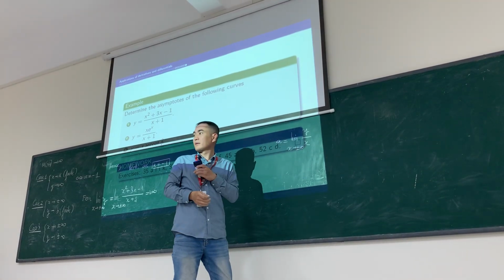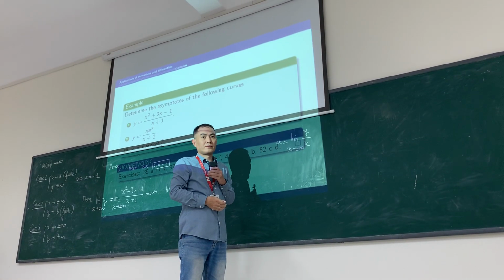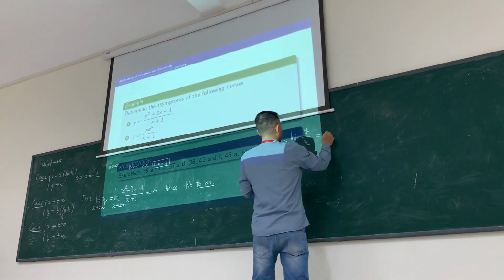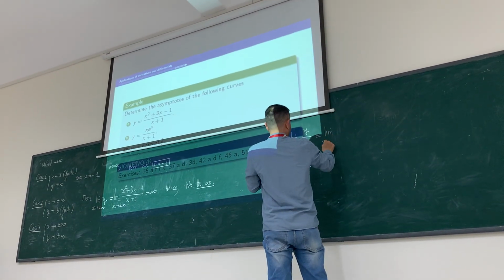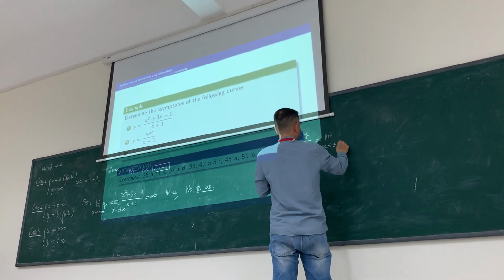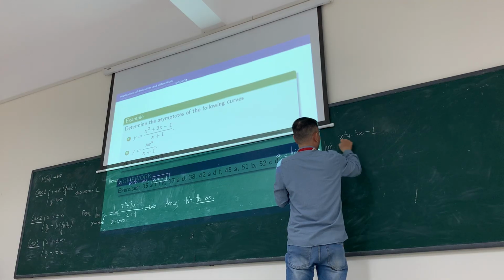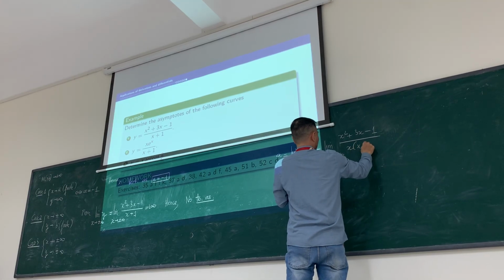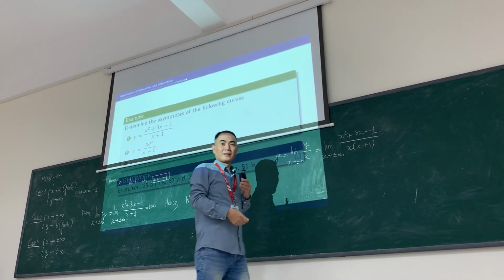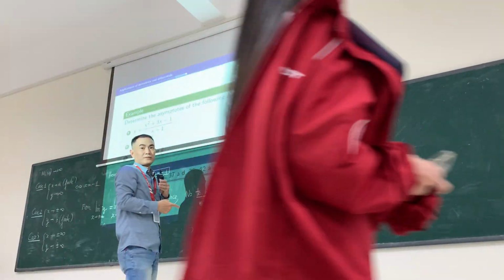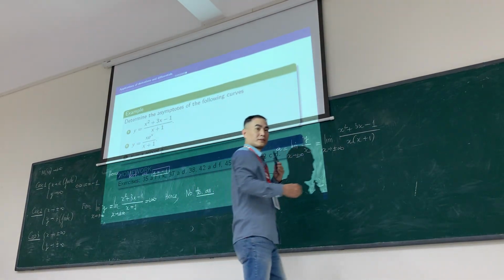A equals the limit as x tends to infinity of x squared plus 3x minus 1 over x times x plus 1, which equals 1.